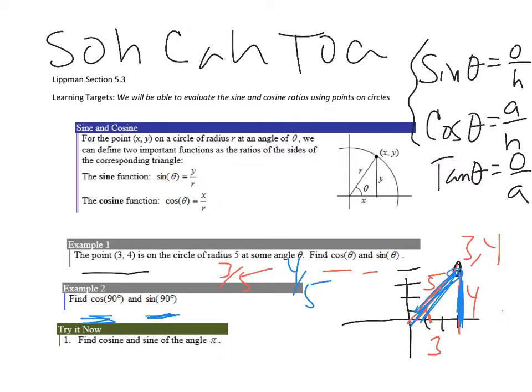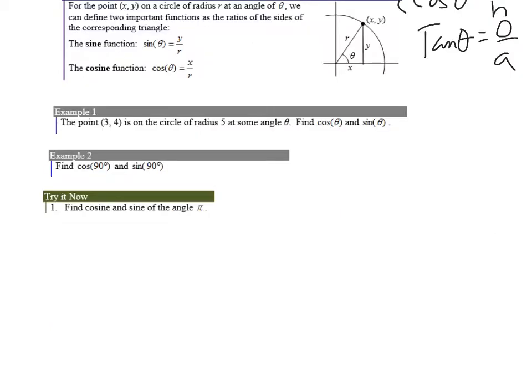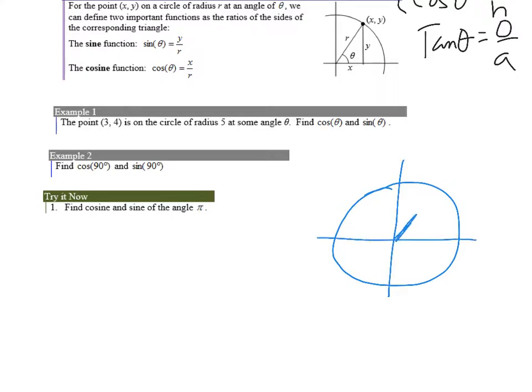Well, if you remember about how the sine function is the y coordinate, or the y side over the r, well, where we go with this is, if I'm on the unit circle, and for that last one I just drew, instead of having a radius of 5, I want to have a radius of 1. If I want to have a similar triangle, all I'm really going to do is divide everything by 5, and that's just because of this problem.